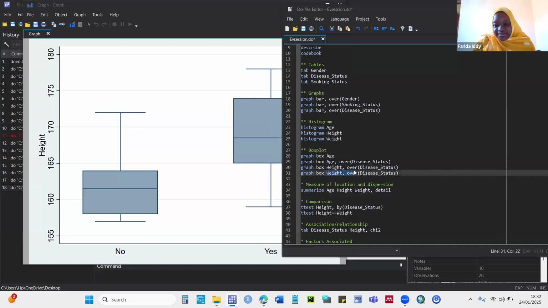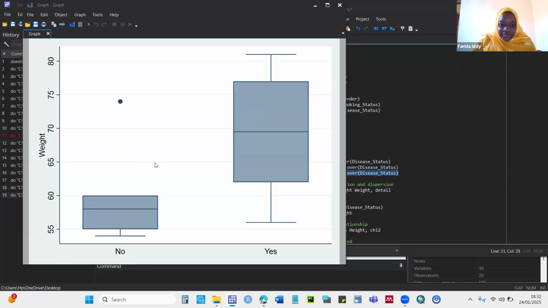And for the weight, here we can see that this one is an outlying observation because it's almost at 74 kg, while most of the respondents in this group lie from maybe 53 to 60.